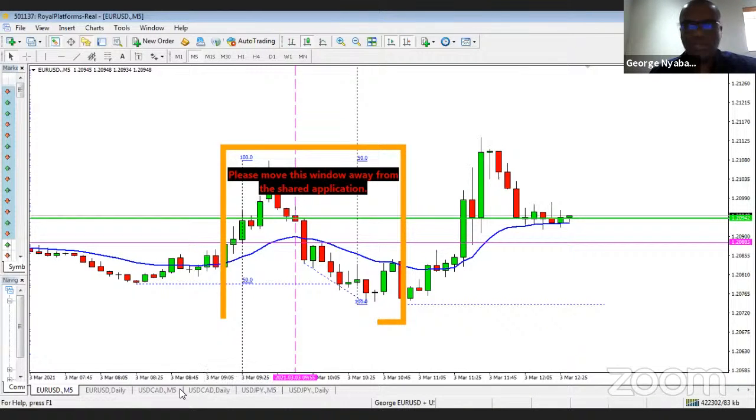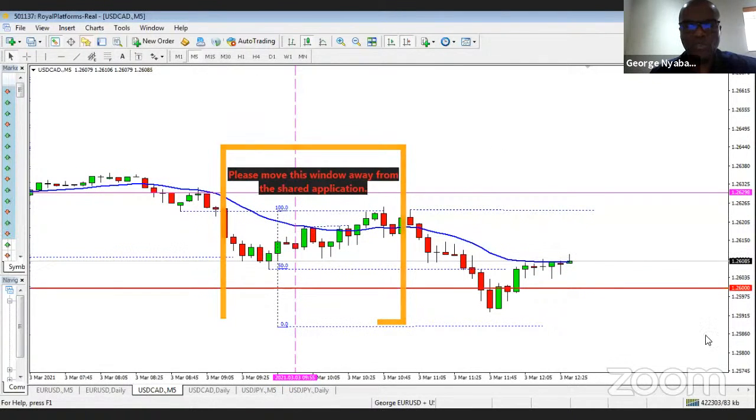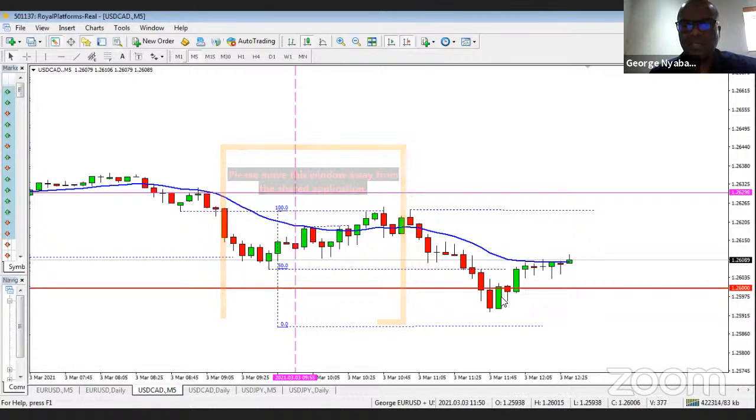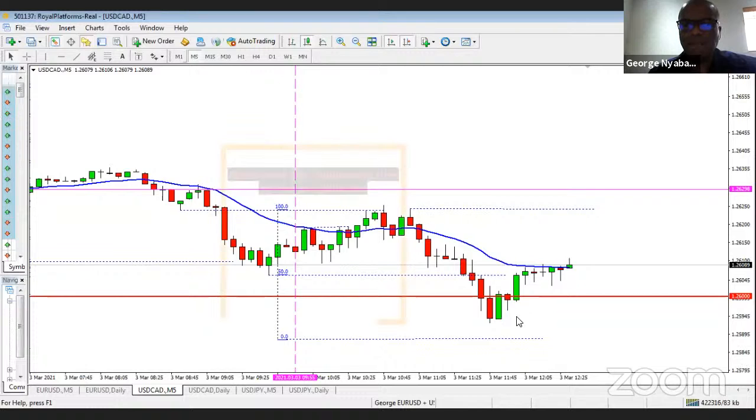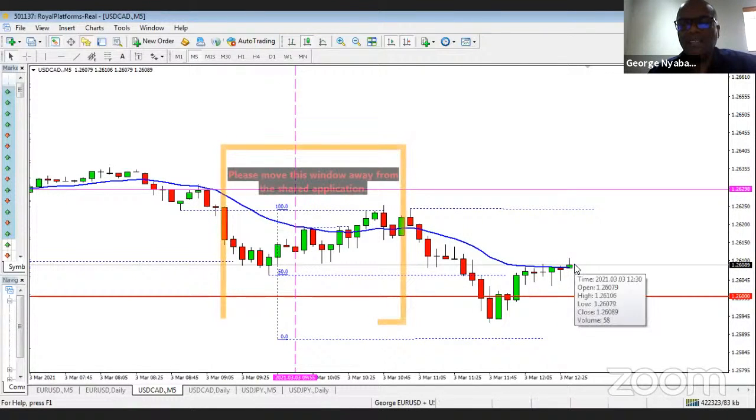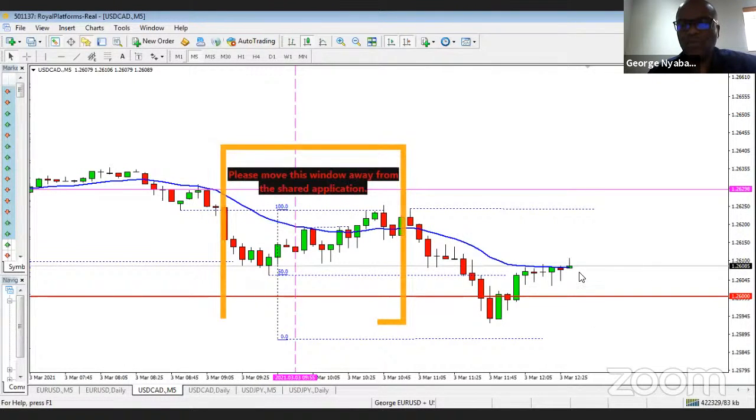So while we wait on that, a quick zip through to the CAD. The market tried to break beneath the low of yesterday. So what should you do with this? Again, if the bulls are strong, the bears might try to resume selling.